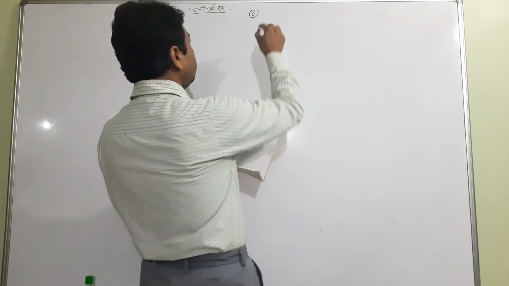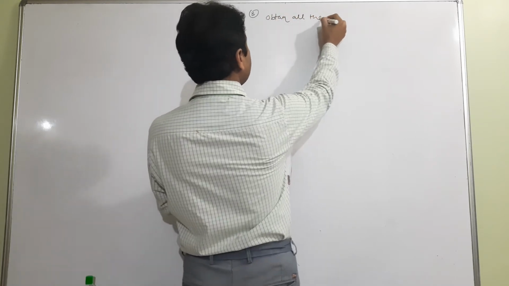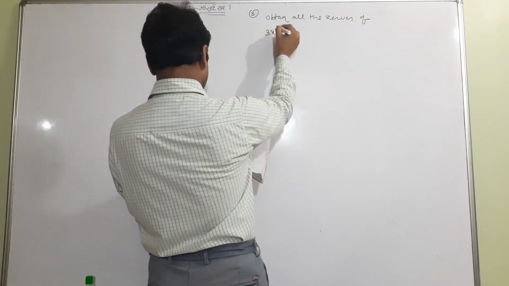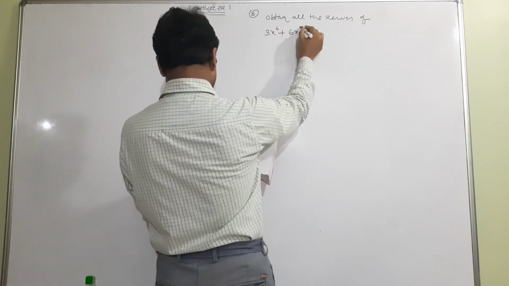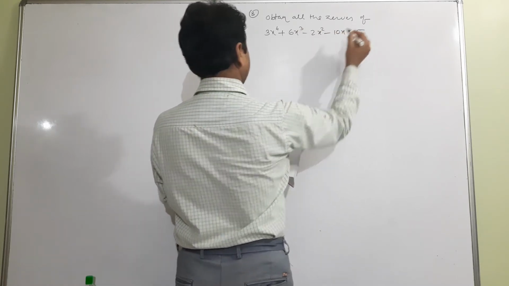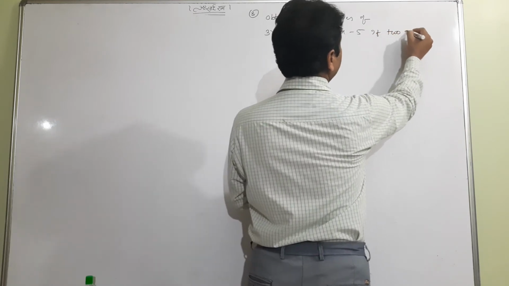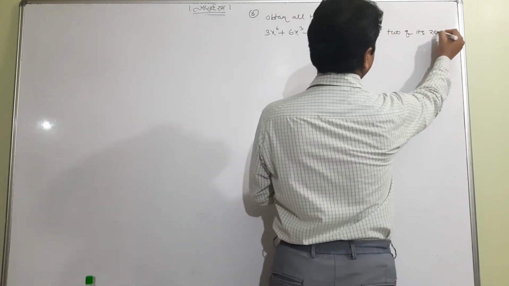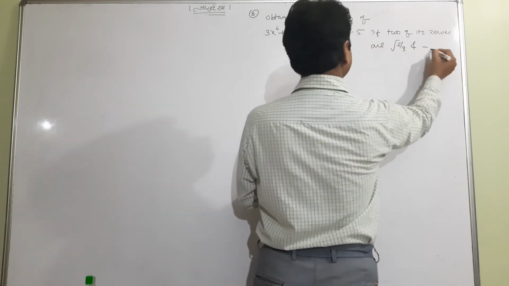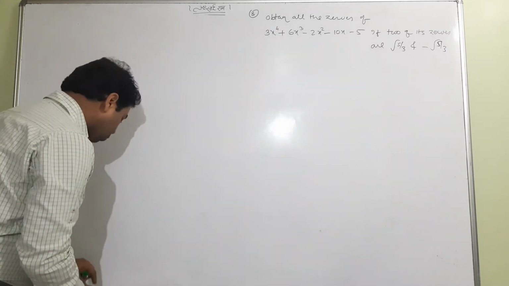Question number 3 says, obtain all the zeros of the polynomial if two of its zeros are 5 by 3 and minus 5 by 3. So I would use a very similar sentence here.